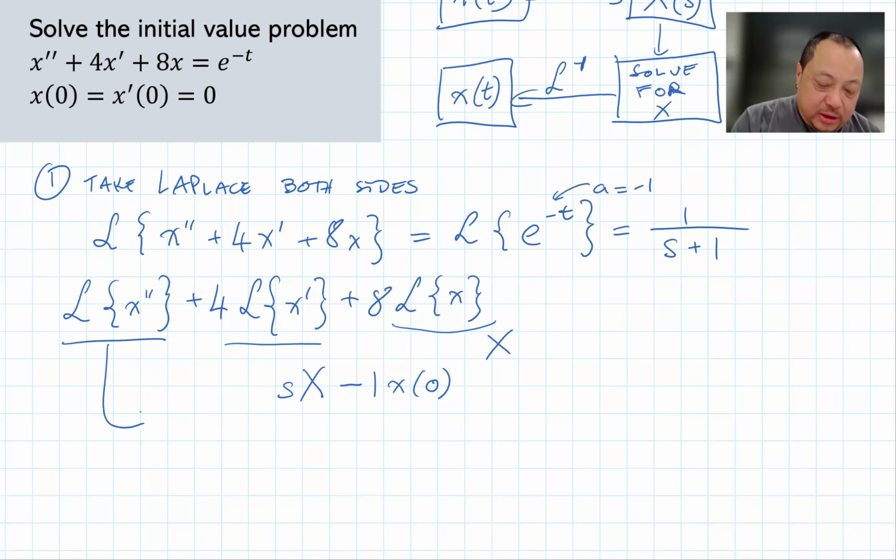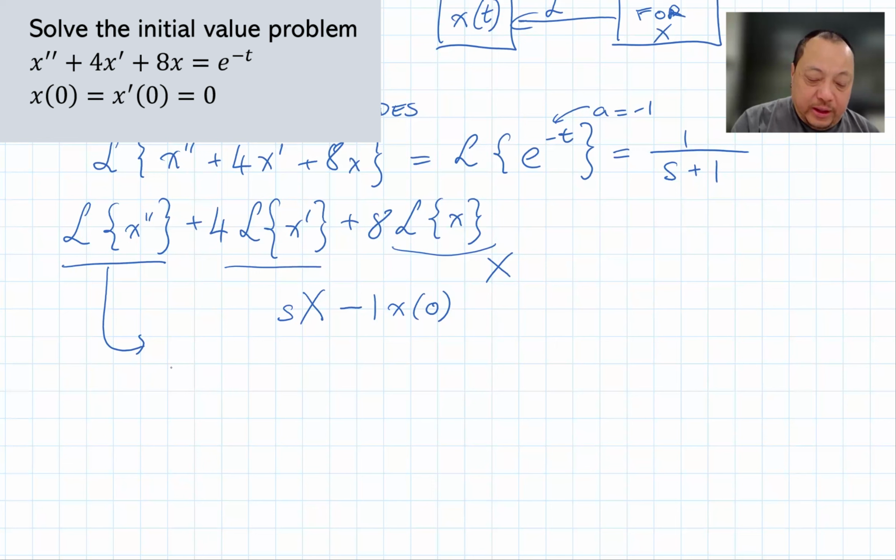This one is a little more involved. I start with s squared X, and then everything else is a minus, where the powers of s go down, so minus s minus 1, and the initial values go up, starting at x of 0 and then x prime of 0.